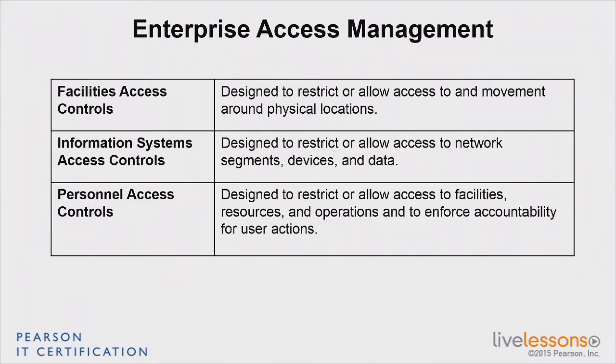Our information systems access controls or management is designed to restrict or to allow access to network segments, devices, and data. And our personnel access controls or access management is designed to restrict or allow access to facilities, resources, and operations, and to enforce accountability for user actions so we know who did what.